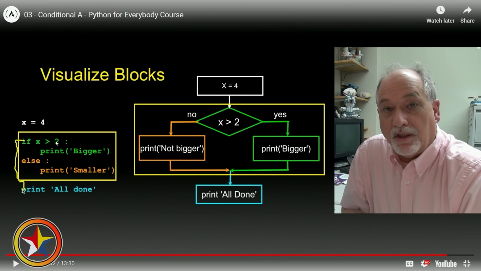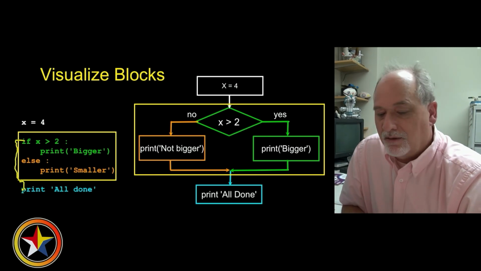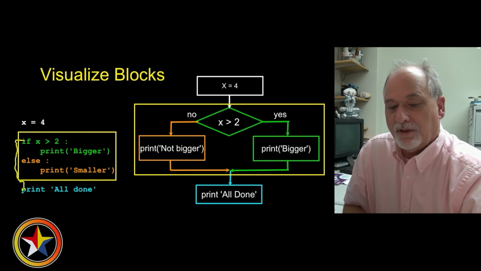So if there's an if block like this, the else is part of it, and then once we get out of this, it goes back to global. So the if statement is global, everything inside it is local right here, and then this is global again, something like that. Let's keep going.